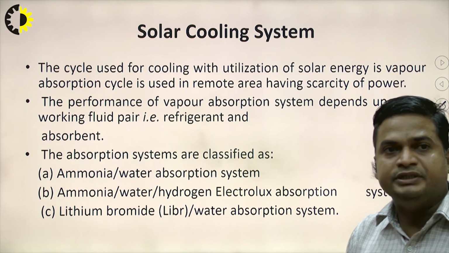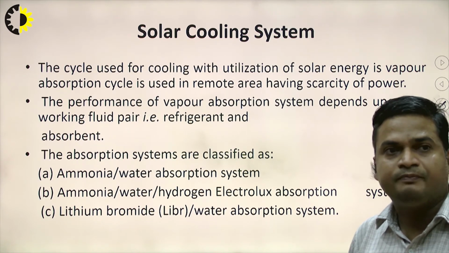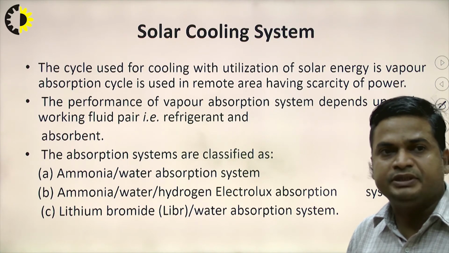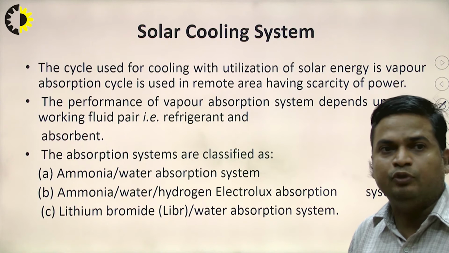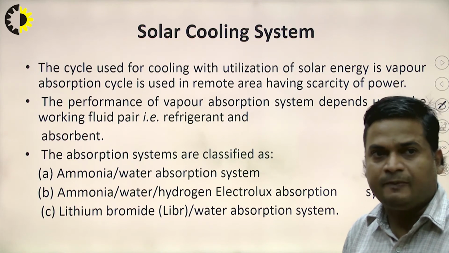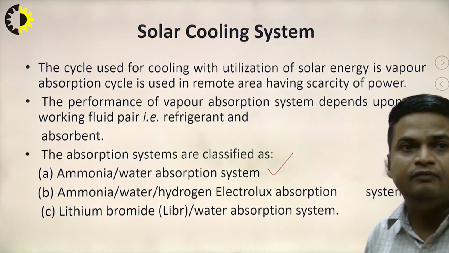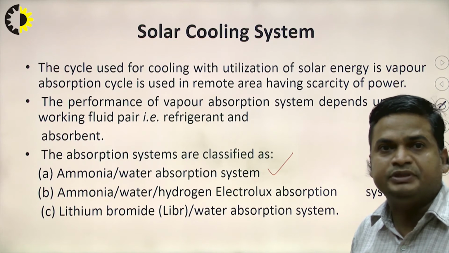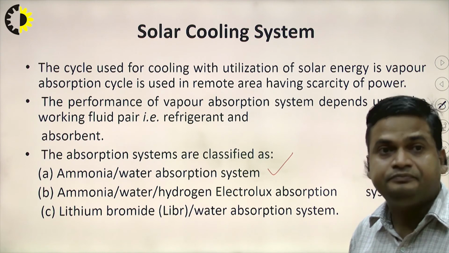And we are using a generator to increase the capacity of that working fluid. The absorption systems are classified as ammonia water absorption system, ammonia water hydrogen Electrolux absorption system, and lithium bromide water absorption system. So ammonia water absorption system is majorly used in this vapor absorption system. So we will discuss this system in detail.